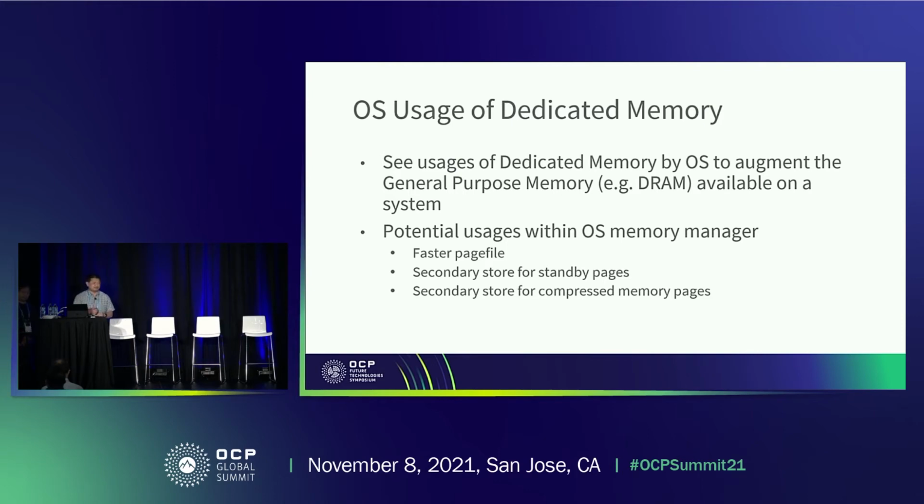So some potential usages of dedicated memory within the OS's memory manager are to use it as, say, a faster page file, or to use a dedicated memory as a secondary store for standby pages or for compressed memory pages. Obviously, the goal of the session isn't to enumerate all the possibilities, but these are just some examples of how within the OS we could take advantage of dedicated memory that can be available on the system in the future.